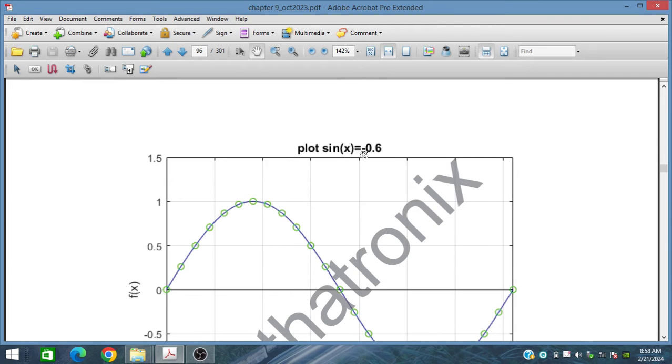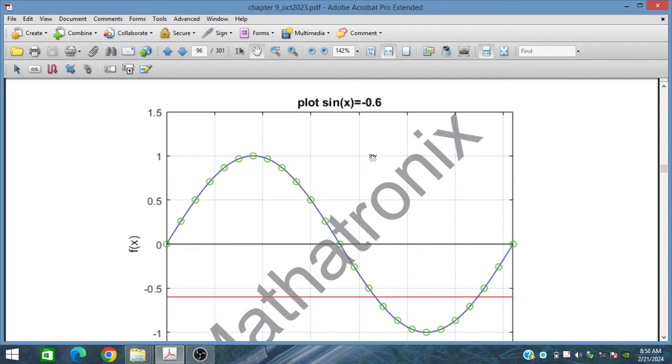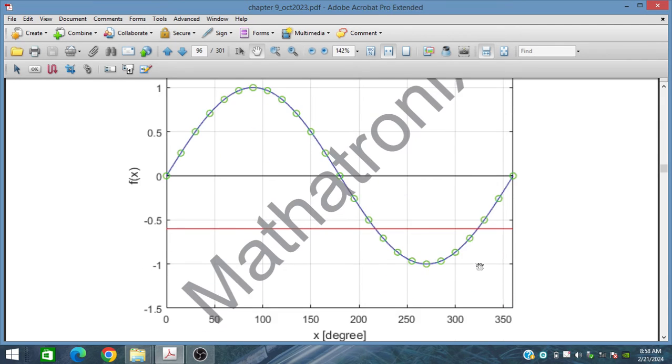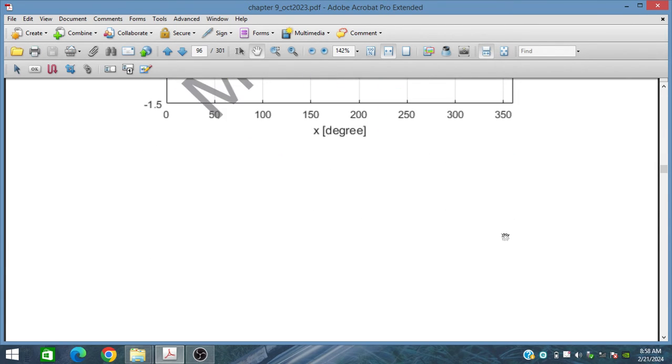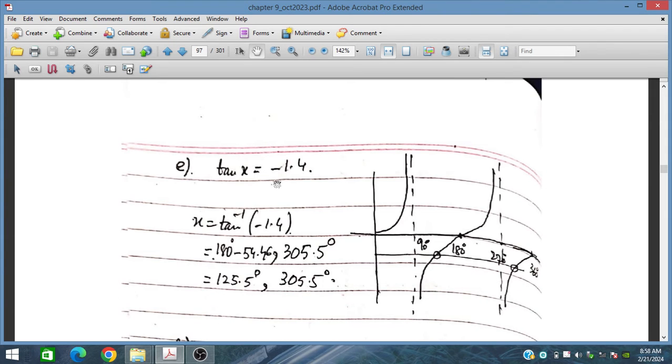This is sin x is equal to minus 0.6. Here is minus 0.6 in the third quadrant and the fourth quadrant. Now tangent x is equal to minus 1.5 or 1.4 here. You can see it in the second quadrant and the fourth quadrant.